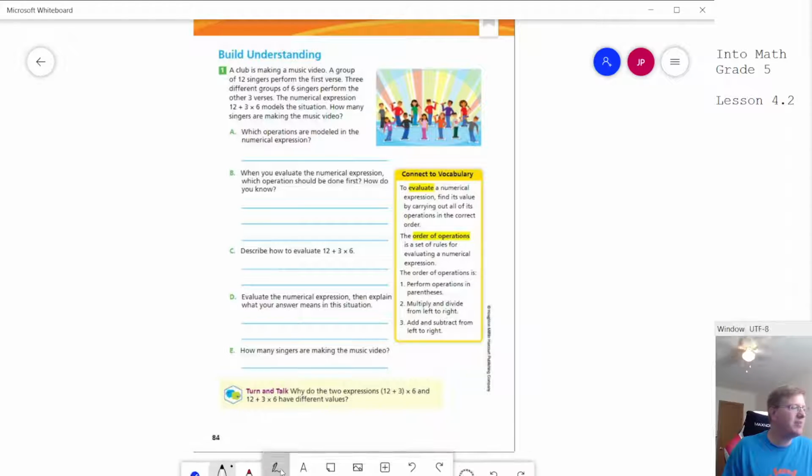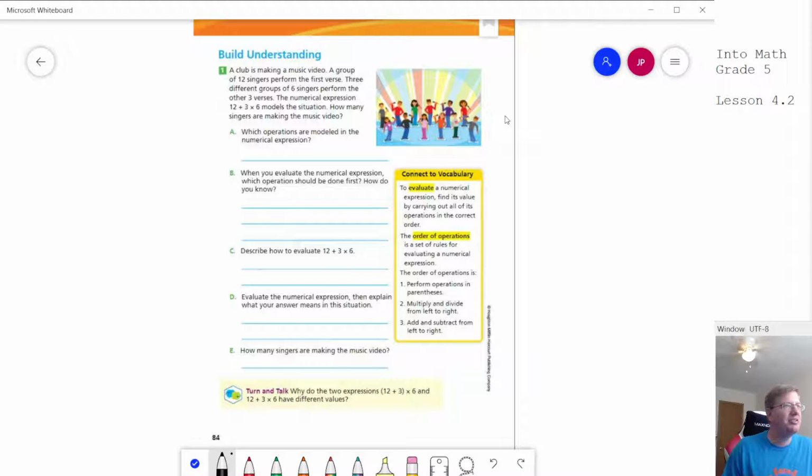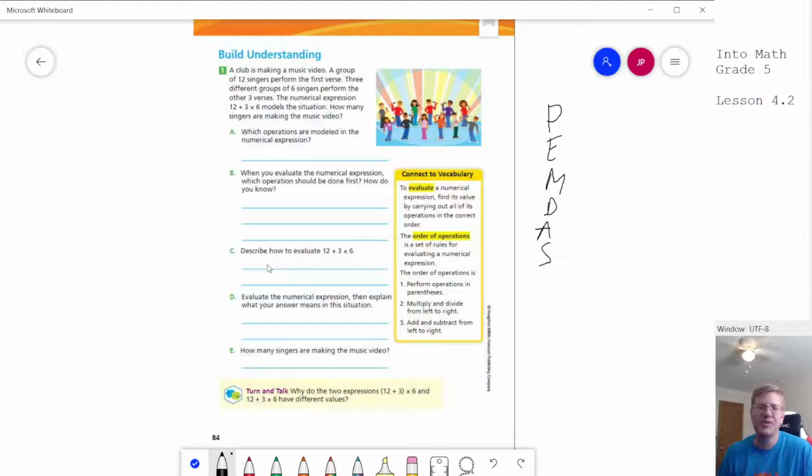So we would use PEMDAS to help us. And so we would have P for parentheses, followed by any exponents that we're working with, and then multiply and divide from left to right, and then add and subtract from left to right. So we're going to follow those rules. We've been gradually working on those and adding to those since 3rd grade.